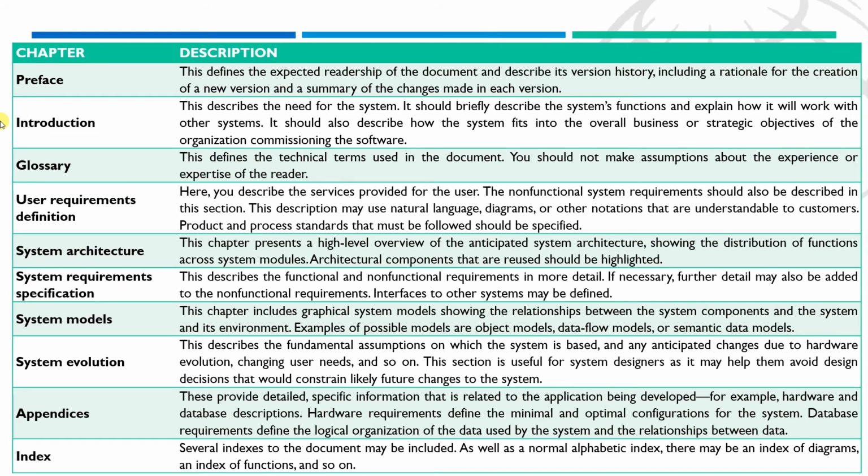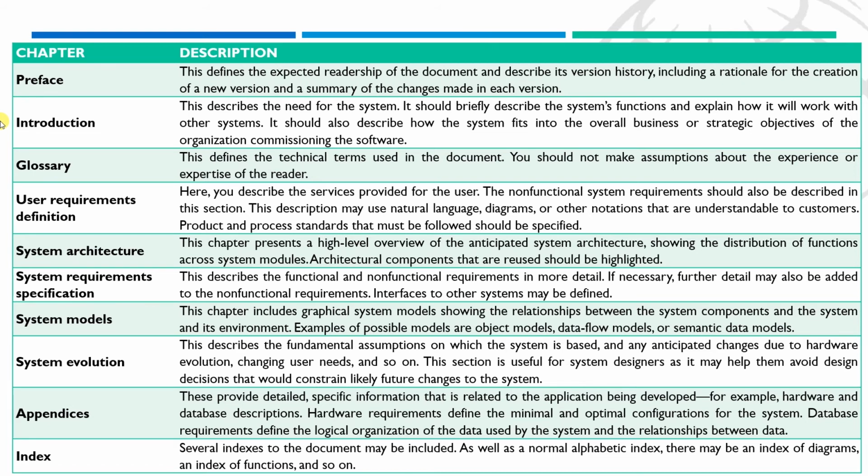Naturally, the information included in a requirements document depends on the type of software being developed and the approach to development that is to be used. A requirements document with a structure like that shown in the table, for example, might be produced for a complex engineering system that includes hardware and software development by different companies.